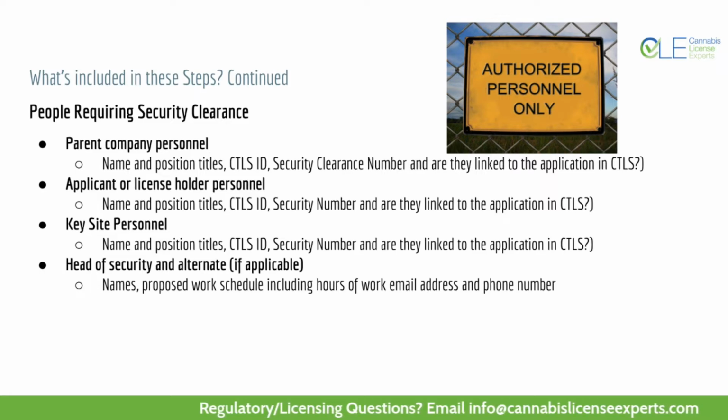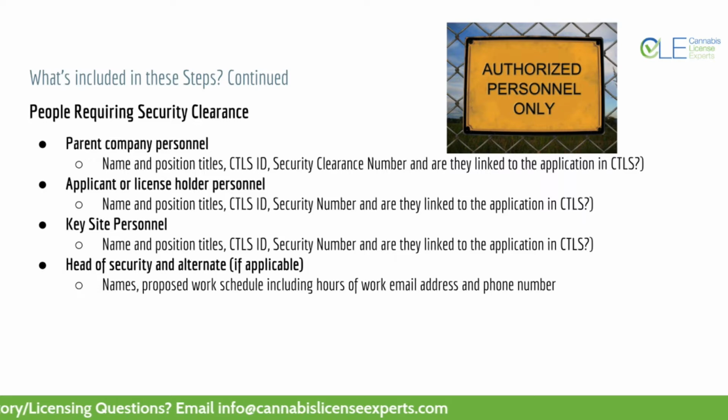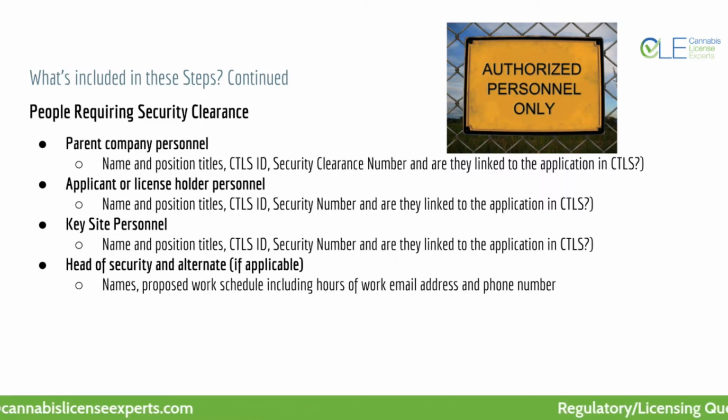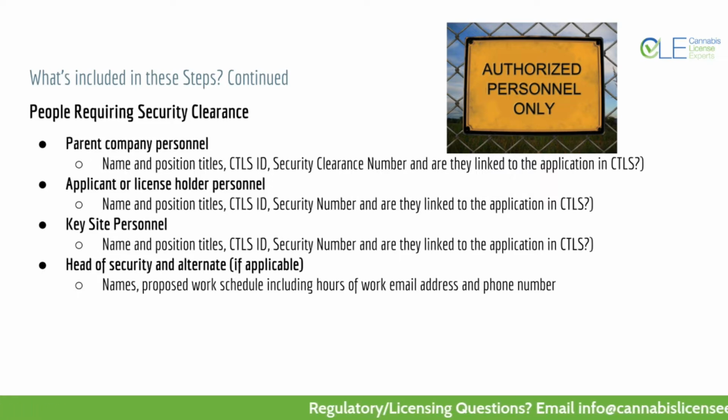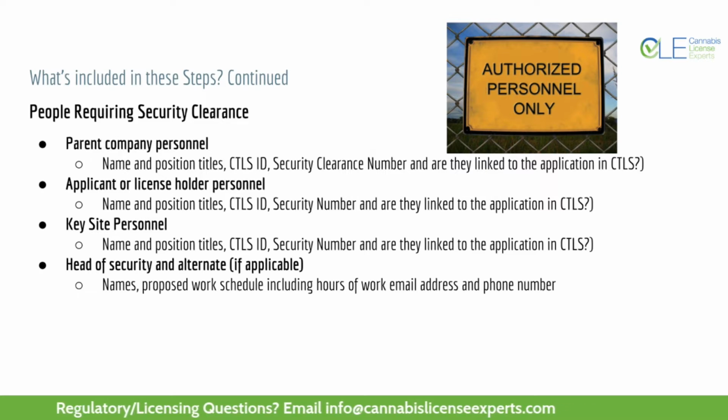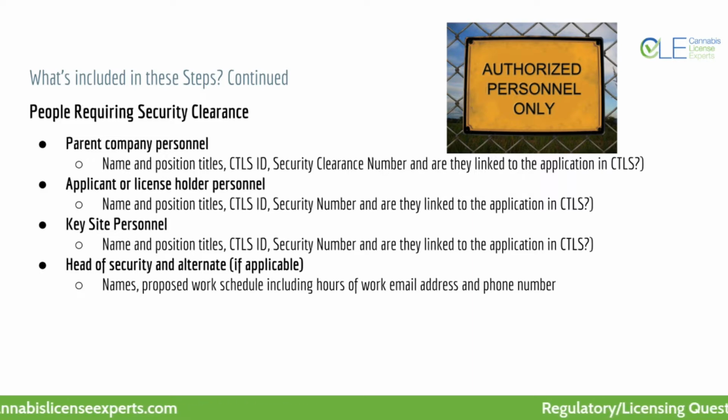Next would be the applicant or license holder personnel. You're going to again outline their name and position titles, CTLS ID, security clearance number, and if they're linked to the application.